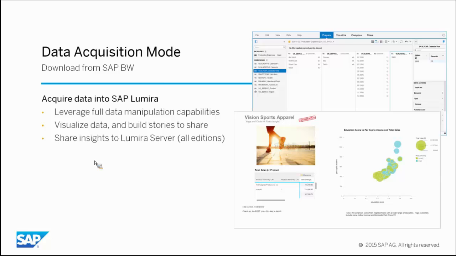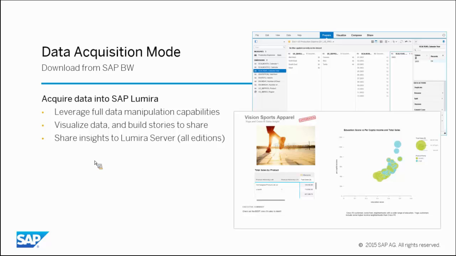So in a nutshell, you can leverage the full data manipulation and enrichment capabilities available in Lumira once you acquire the data from BW. While acquiring the data from BW, we support a lot of BW elements like variables and hierarchies, which you can continue analyzing within the tool.